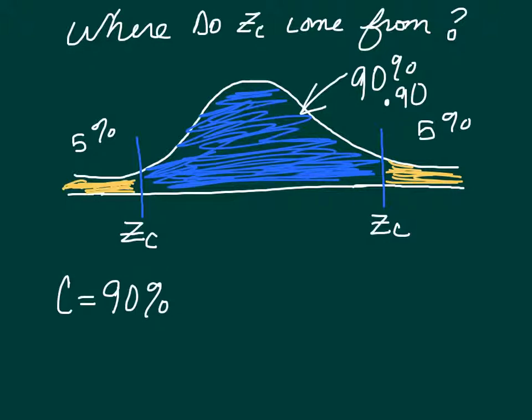So in order to add up to 100%, if we have 90% here in the middle, we have another 10% to equal 100%. So we convert this to a decimal so that we can read it from our chart and find the z-score that corresponds. So we need to get our z-table and see what critical value will correspond to an area of 0.05.